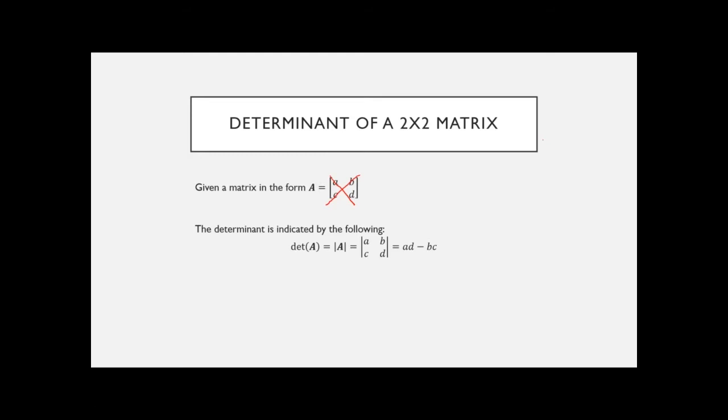We can indicate the determinant by just saying det of A. That's often used in programming, especially if you have a library that has built-in math functions. They usually use det to represent the determinant. It's also used with the vertical bars.